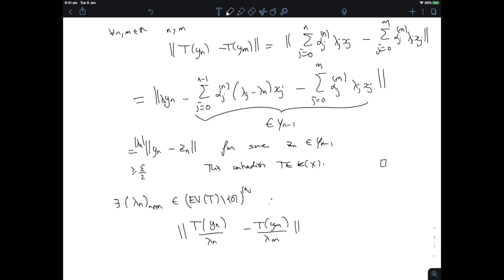So if I divide by lambda_n, I don't need to bring the lambda_n at the front like I did here and estimate it by epsilon. I just get that this thing is greater than 1/2 for any n and m.